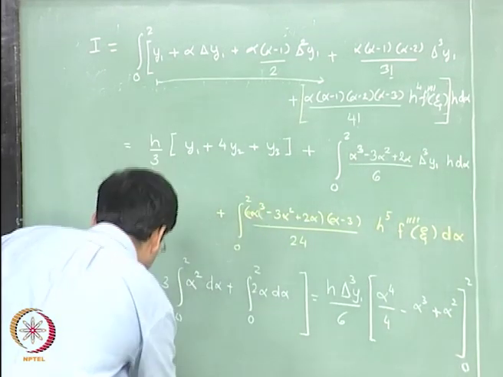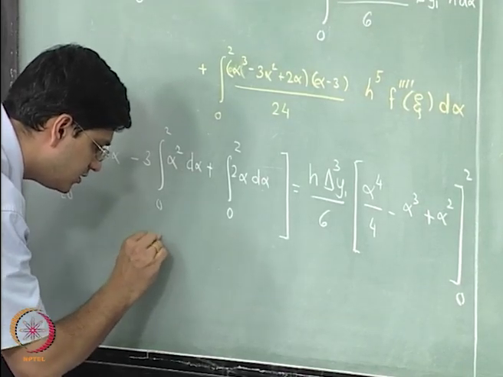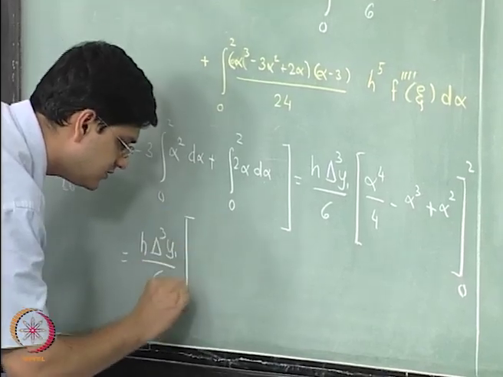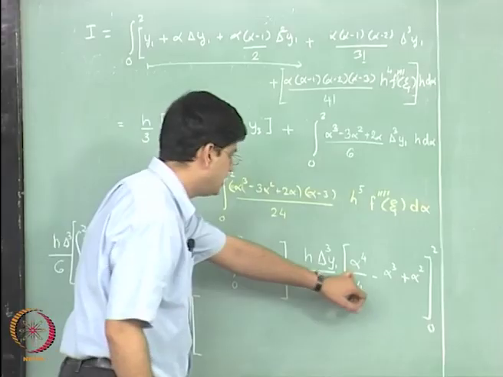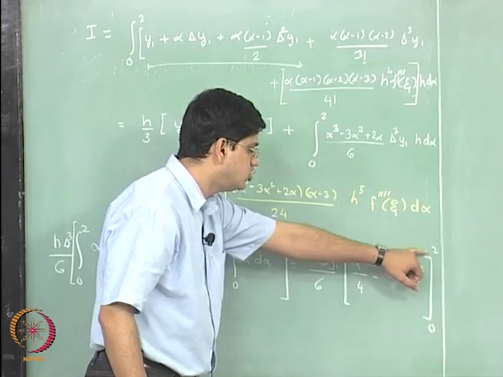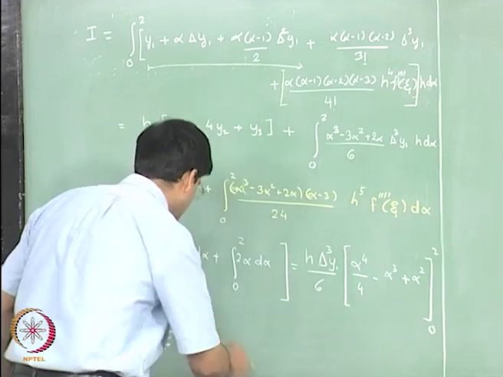Okay, which we will be able to write as h delta cubed y1 divided by 6 multiplied by alpha to the power 4 divided by 4, which is 2 to the power 4, that is 16 by 4, that is 4, minus 0.